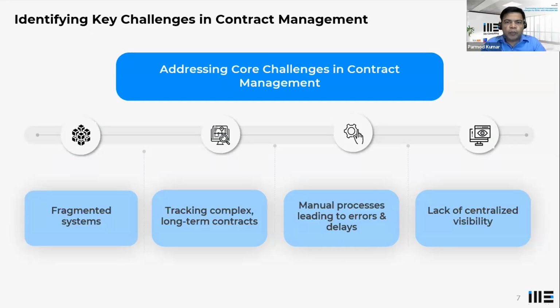Also, tracking complex long-term contracts, especially in the pharma pipeline, where the contracts have 8 to 10 year terms and lots of amendments in between, is very hard, causing missed deadlines and sometimes missed details also. Communication is slightly difficult, and it is very difficult to bring everyone onto the same page.